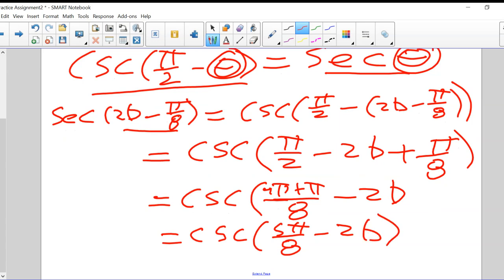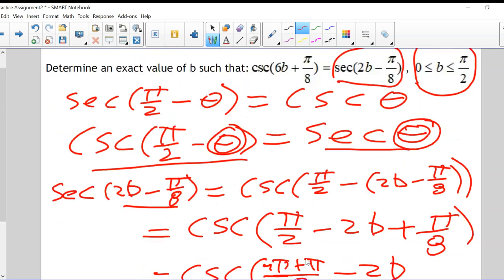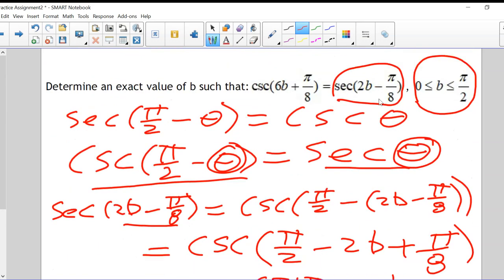Okay? So all of this is equal to what we had before, which was the secant of 2b minus pi over 8. That's what I'm pointing to right now. The secant of 2b minus pi over 8 is equal to the cosecant of this. Here's something else we were told: that this secant is equal to the cosecant of 6b plus pi over 8.